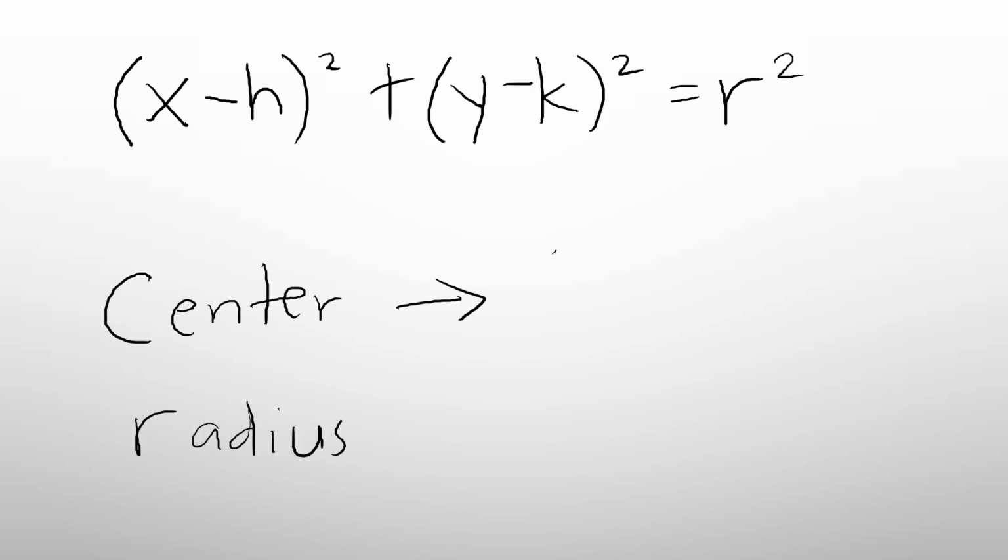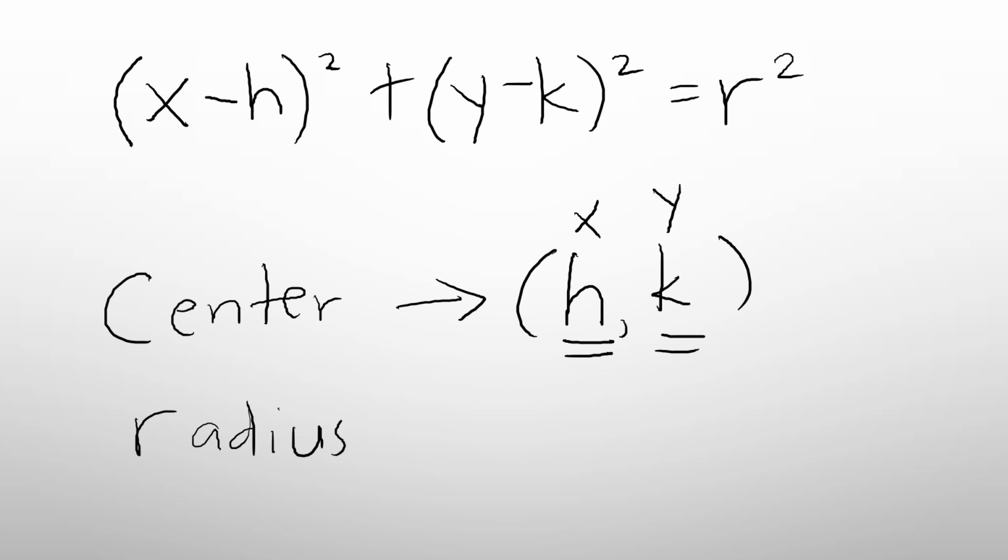The center is represented by an ordered pair because a center is a point. So we have x comma y, or particularly for the center, we use the variable h and k, where h is the first coordinate. So usually this is the variable x, and for the second coordinate, we have k. So usually the second coordinate is the variable y. But for the center, we use h and k.